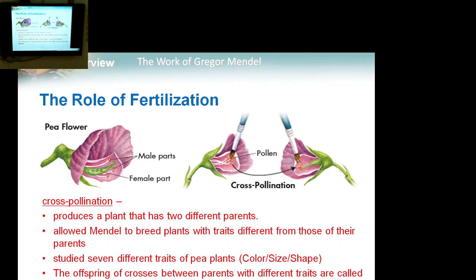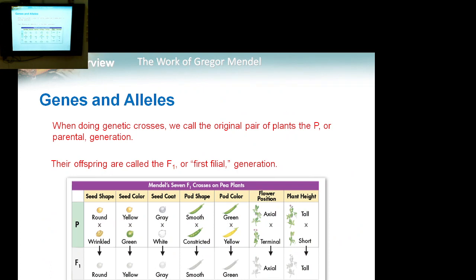The offspring of crosses between parents with different traits are called hybrids. So you need to know that a hybrid is the offspring of a cross between parents with different traits.